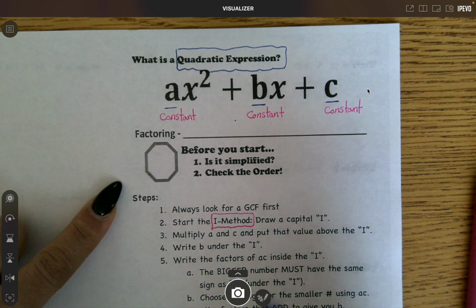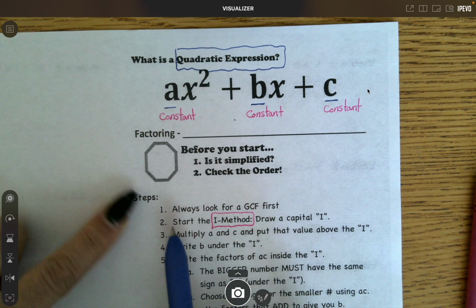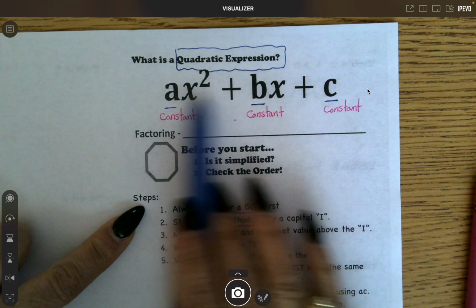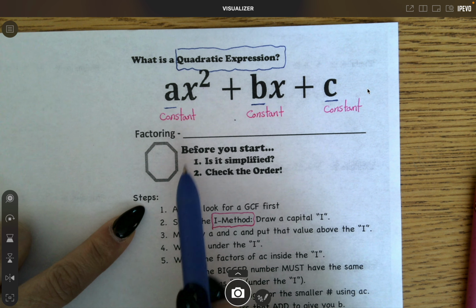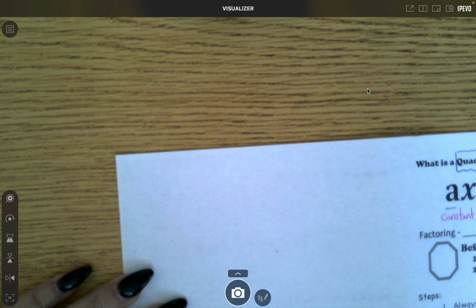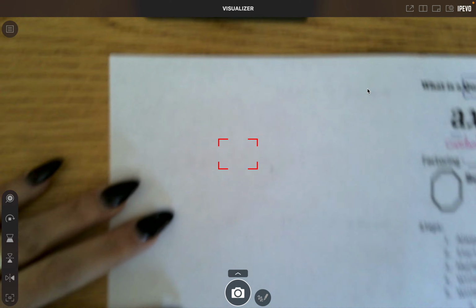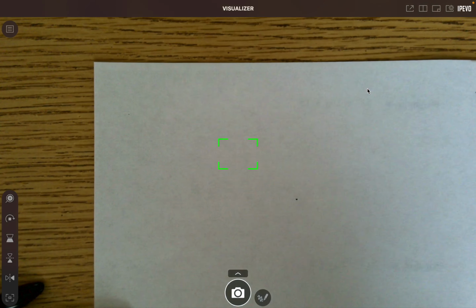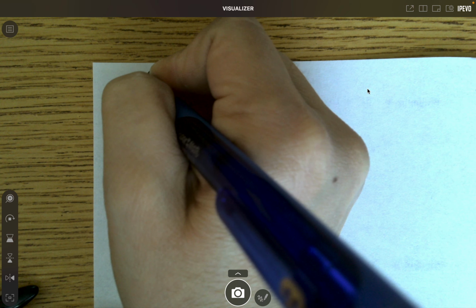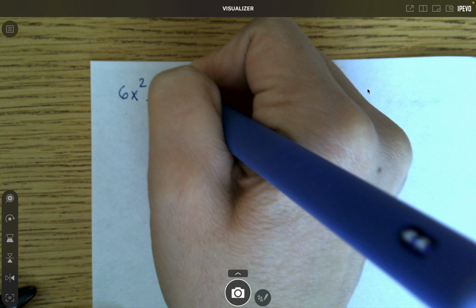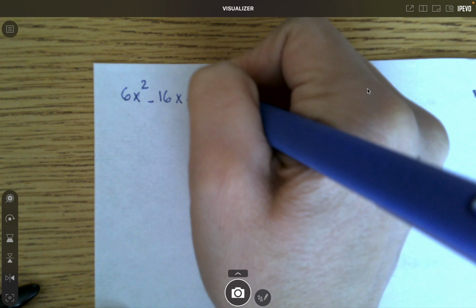Okay. Now, before we start factoring, like starting these steps, we need to check our quadratic expression to see if it's simplified or not. So let me just put my examples here. Let's say we have 6x squared minus 16x plus 8.